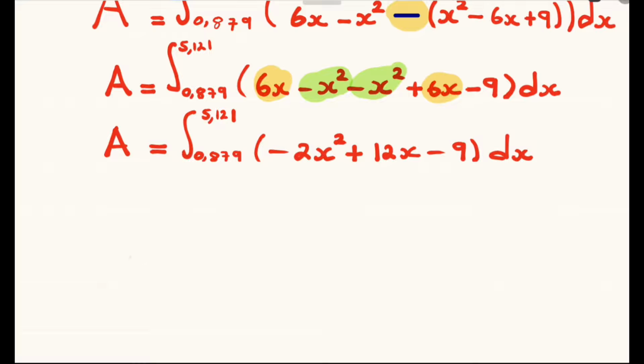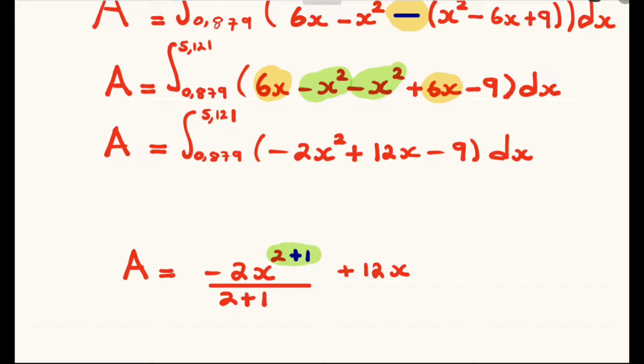So our area will be equal to the integral of negative 2x squared, which will be equal to negative 2 multiplied by x raised to the power 2. We add 1 to the exponent of the x, and we divide with that 2 plus 1, plus the integral of 12x, which will be equal to 12 multiplied by x raised to the power 1.